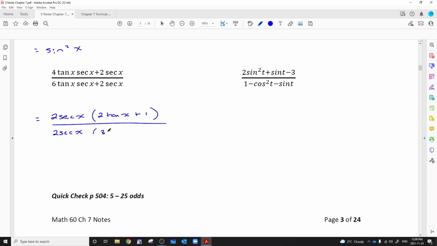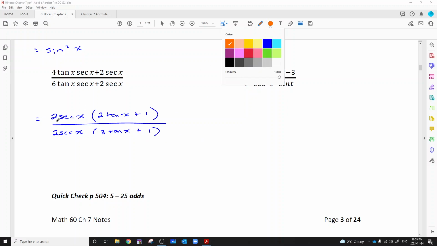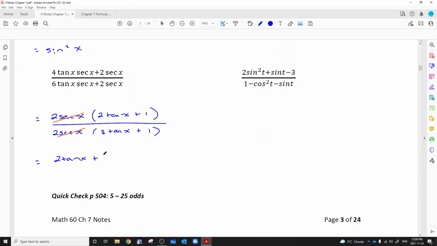I'd be left with 3 tan x plus 1. Now, the only factor they have in common is the 2 secant x, so I can simplify those, and I'd be left with 2 tan x plus 1 all over 3 tan x plus 1.